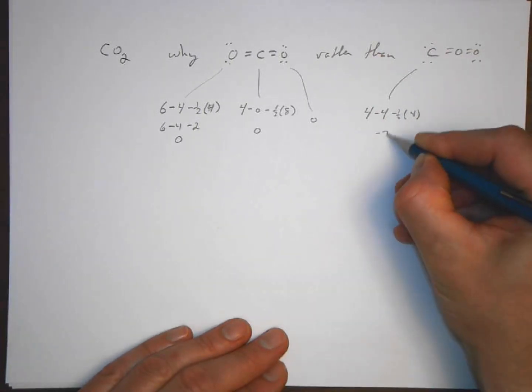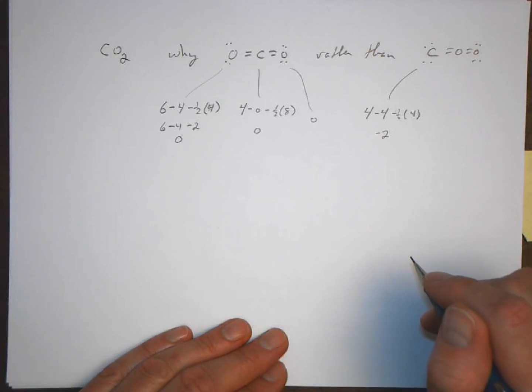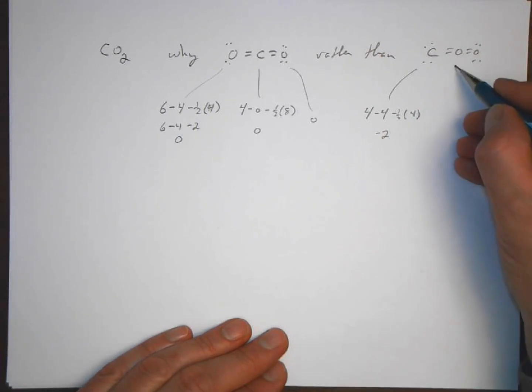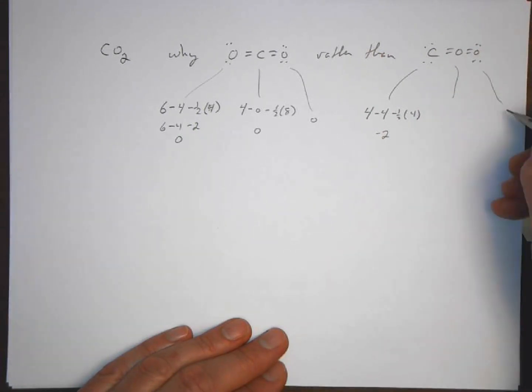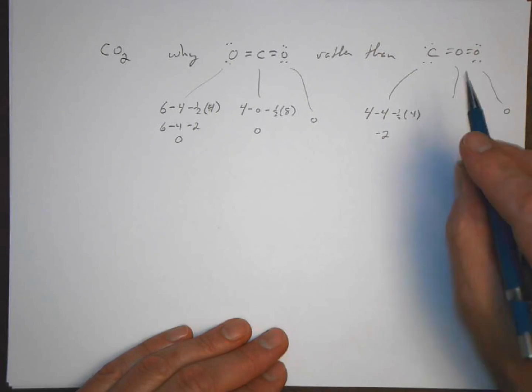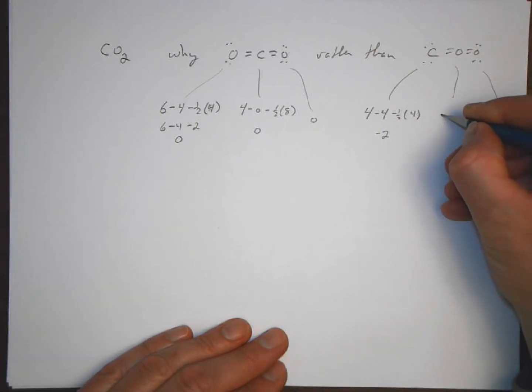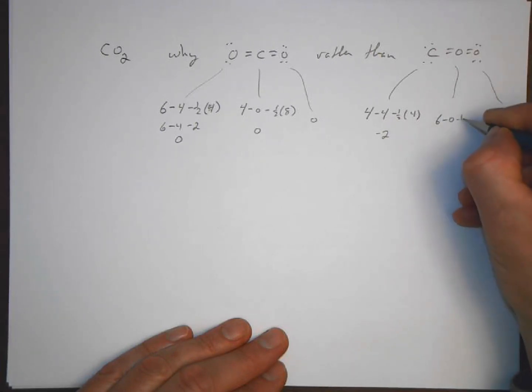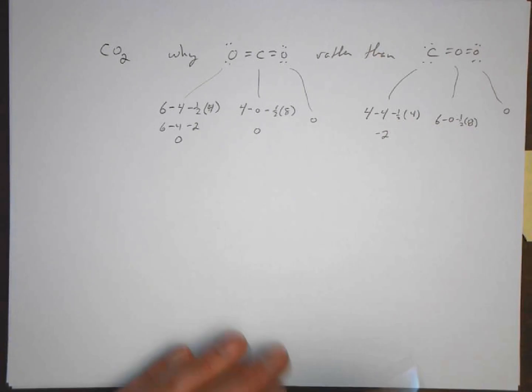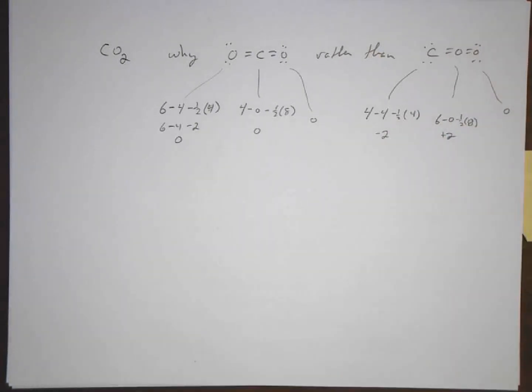So in this case, we have a formal charge of minus 2 for that carbon. This is going to have a formal charge of 0. Let's look at the formal charge on this oxygen. Here, we'd have 6 minus 0 minus half of 8, which gives us a formal charge on the oxygen of plus 2.